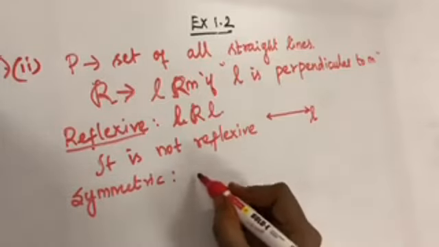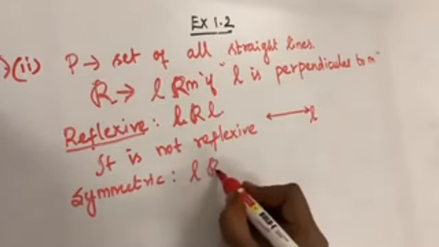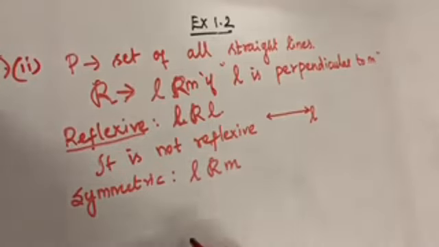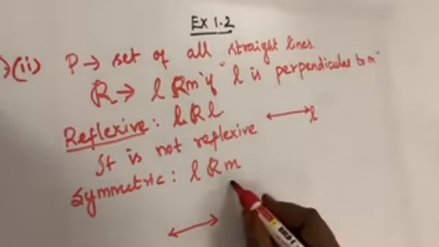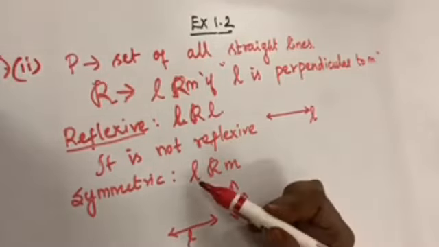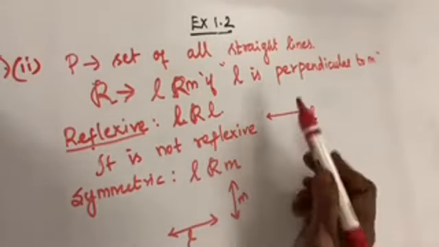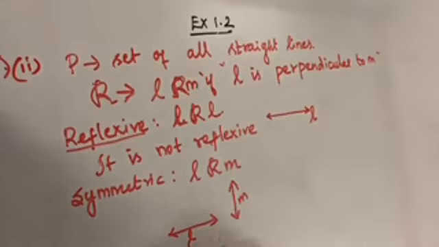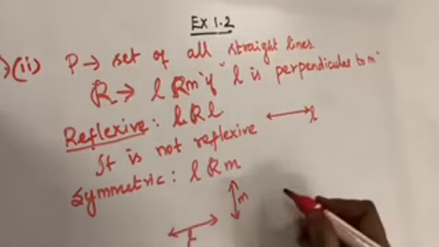Okay. If L is related to M, L is a straight line and M is a line perpendicular to L. If L is related to M, L is perpendicular to M. So these two lines are perpendicular lines.